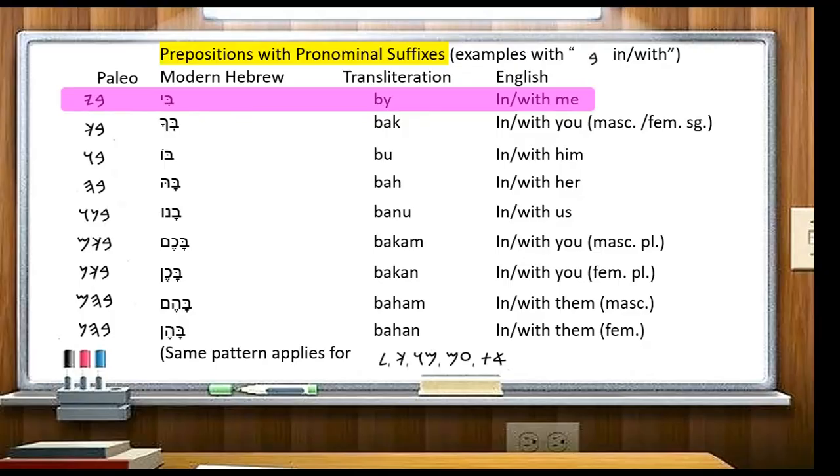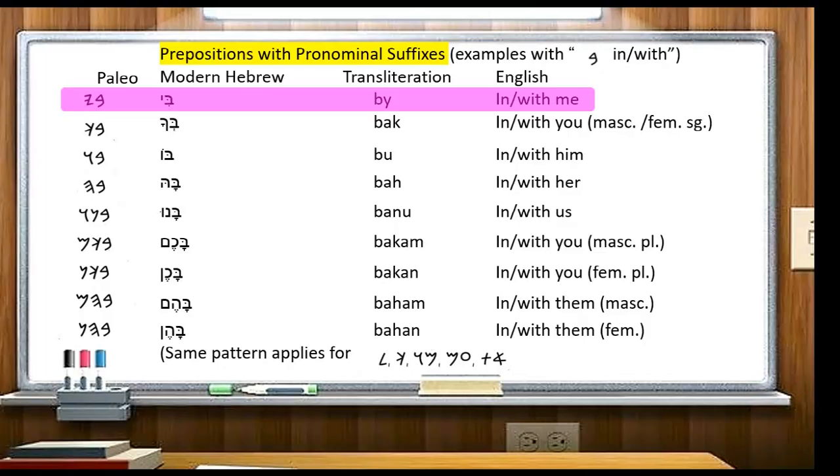And similar to me, which is the mam yad, which some may have pronounced as my, this is actually be, not by. So you may see by as a transliteration of the Yahudyth be, but that is because of the pronunciation of the yad. So be is in or with me.